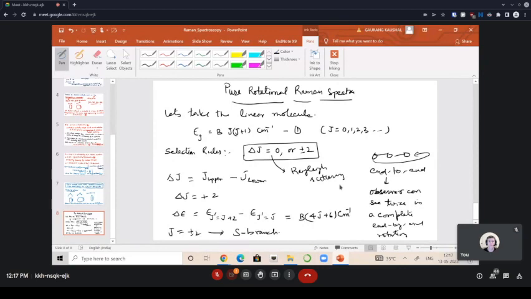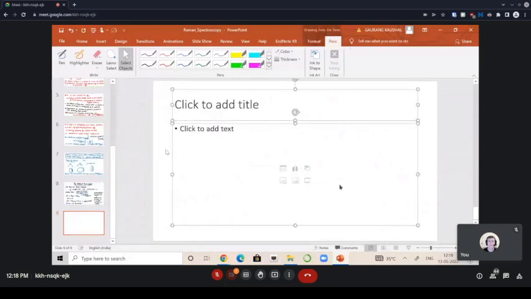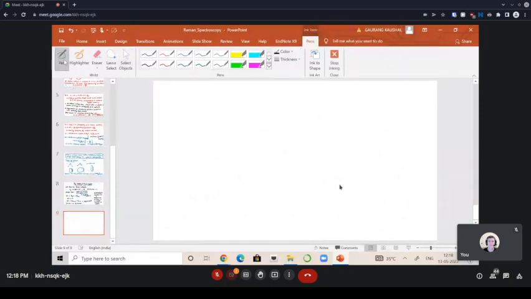So the change in the energy levels corresponding to the S branch, delta E S, will be equal to B into 4J plus 6 centimeter inverse, where J equal to 0, 1, 2, and so on.